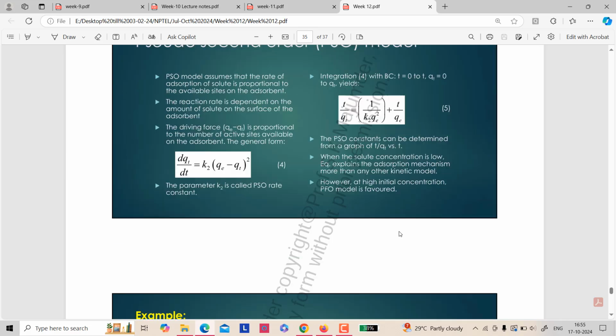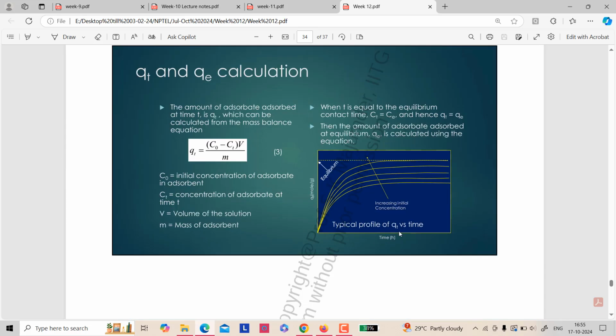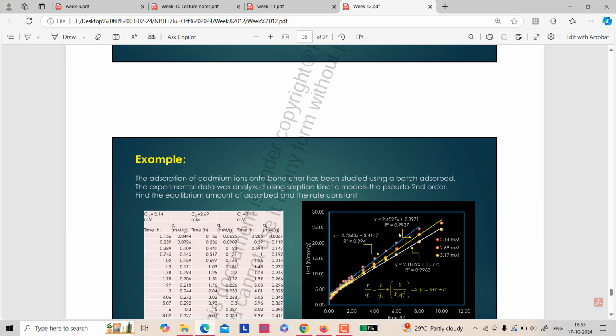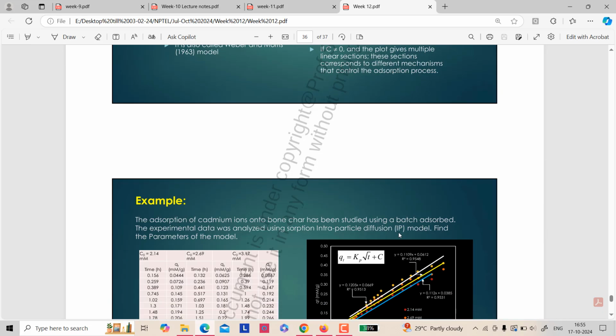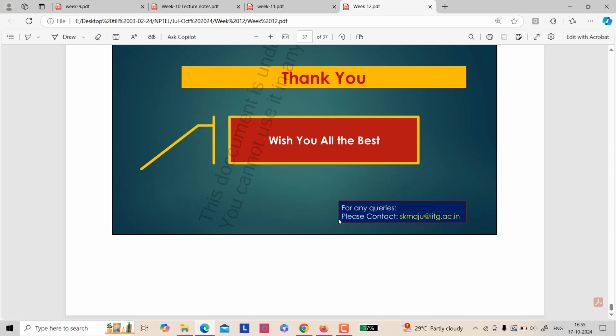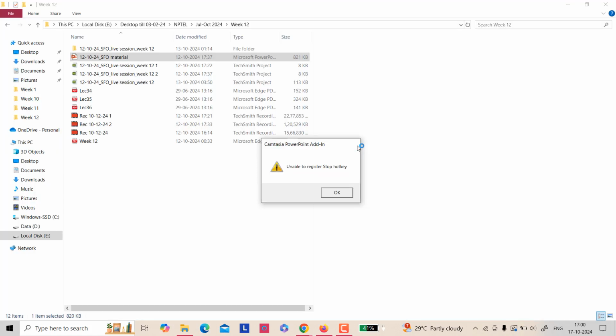Then comes the pseudo first order model and pseudo second order model. Like this, you can calculate the rate of adsorption. So this is the whole overall process Sir has taught, and I hope when I went through the chapters individually, it was clear.